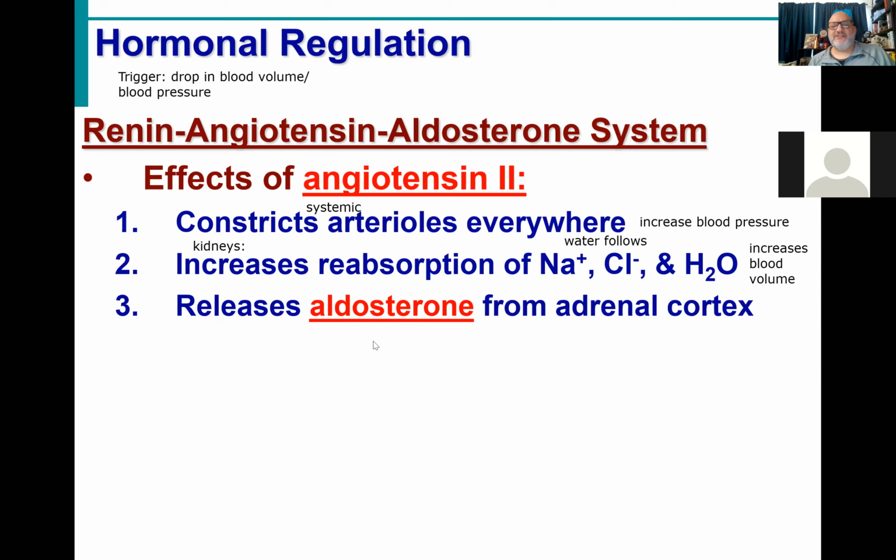Angiotensin 2 tells our adrenal cortex, right, specifically, if you remember, our zona glomerulosa, to release a glucocorticoid.